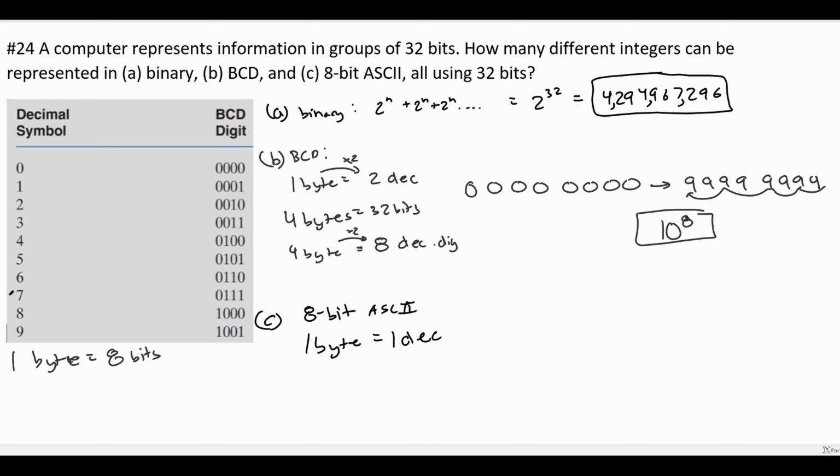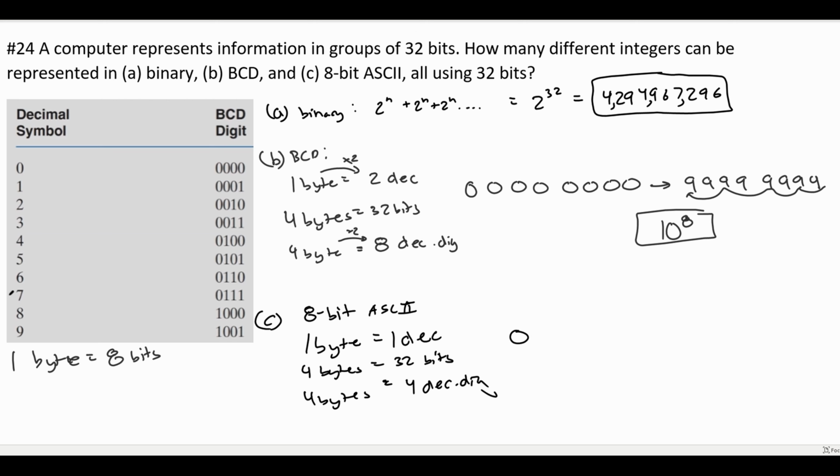And if that's the case, 4 bytes is still equal to 32 bits. That doesn't change. However, 4 bytes is only equal to 4 decimal digits. And we can see that this holds true because we have 4 decimal digits and 8 bits each, and 8 times 4 leads to 32 bits.